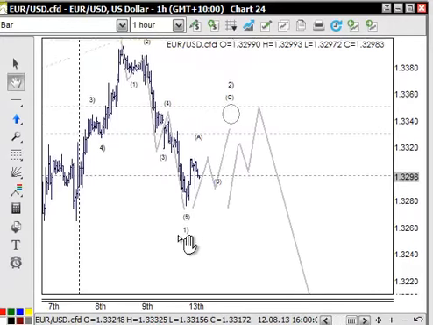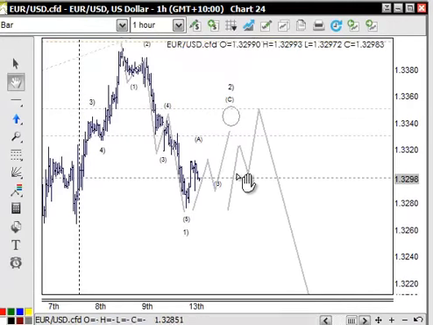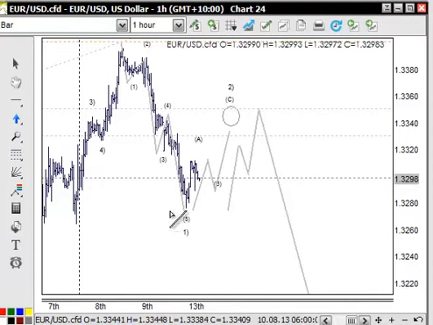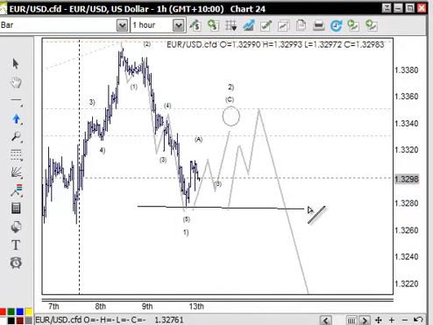So the question is getting this right here. One thing here, I guess, if this low here gets taken out, then you would short from that point there. So that's one point that we need to make.